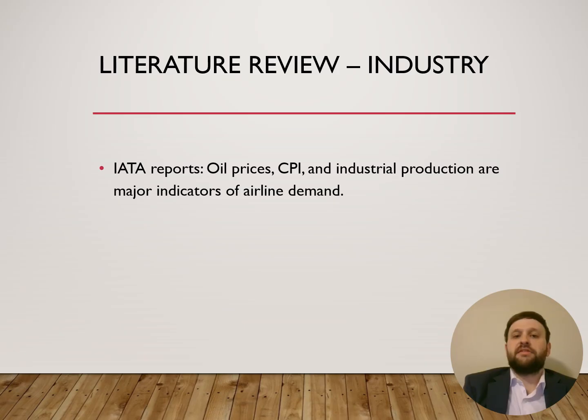According to them, the three indicators that consistently correlate with changes in air travel are oil prices, inflation, and industrial production. Oil prices matter because they feed directly into the airlines' operating cost. Inflation is linked to overall economic momentum and affects both consumer purchasing power and the cost structure of the airlines. And industrial production creates economic activity, business travel demand, and global supply chain movement.